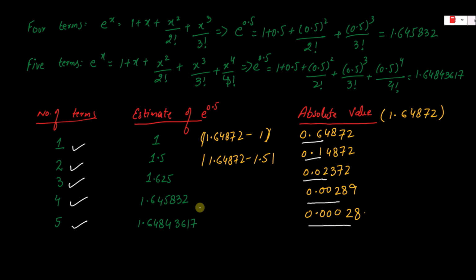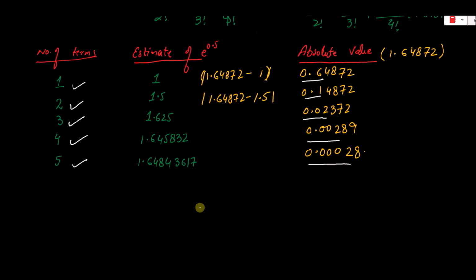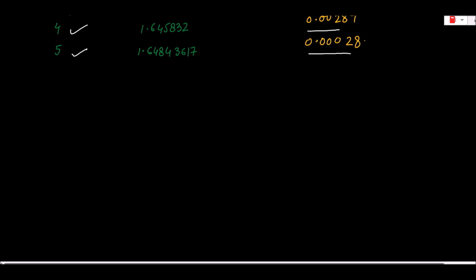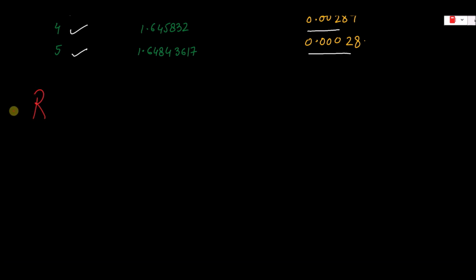Next, we are going to proceed towards the round-off error. In order to understand the round-off error, first of all, we need to see floating point numbers. So next, our discussion is round-off error. In order to discuss it, we need to first understand the floating point number.